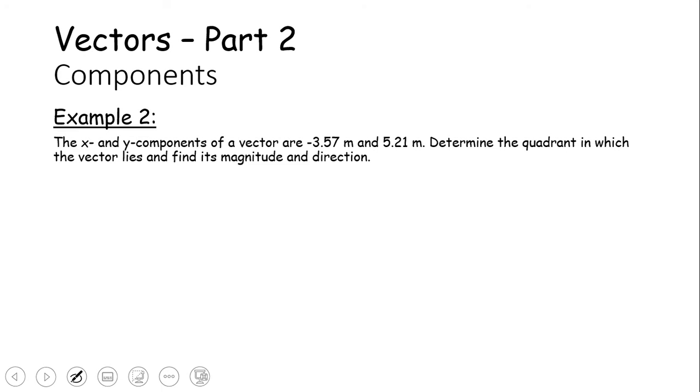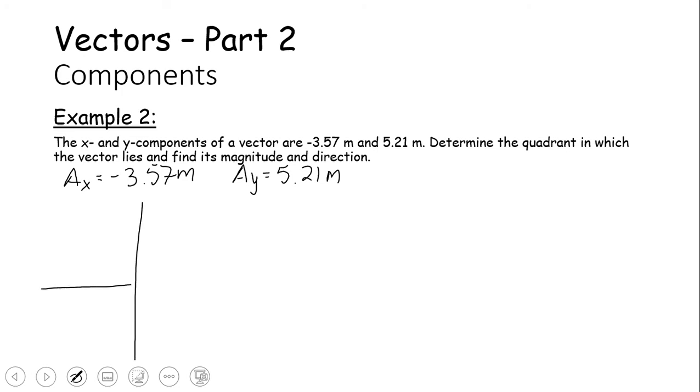Even if it's obvious, it's just good practice to do it. So if you were to draw this vector here, you know that the x component is a negative number and the y component is a positive number. So you will start by drawing an xy plane, and then you will draw your vectors.